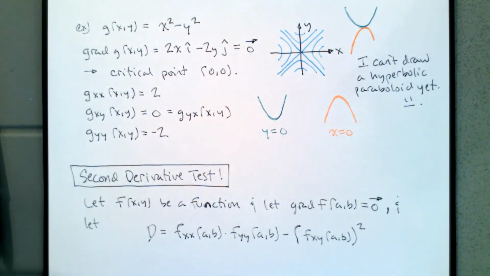So I'm multiplying the two second partial derivatives, fxx and fyy, and then subtracting the square of the mixed partial fxy at AB.